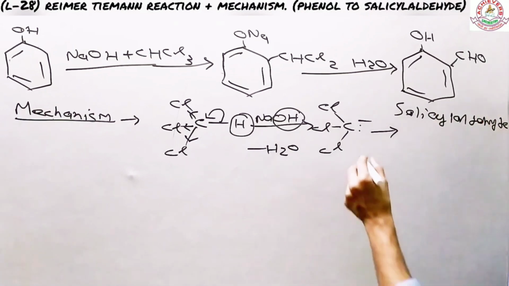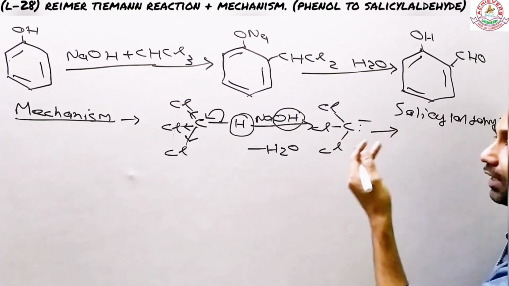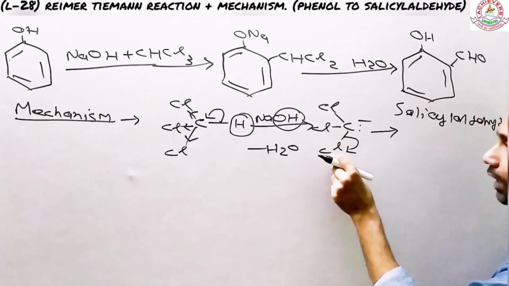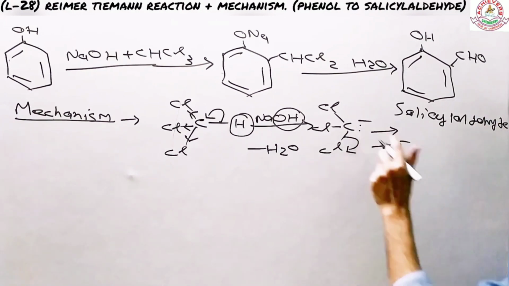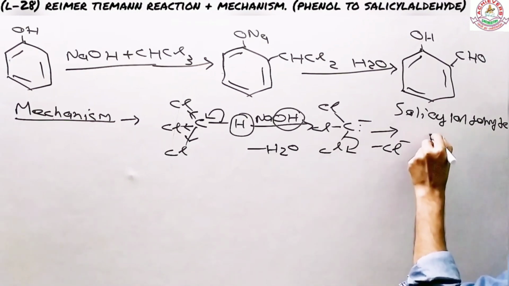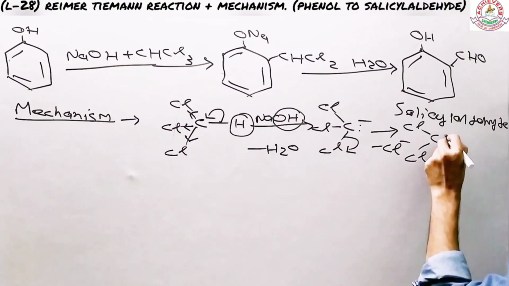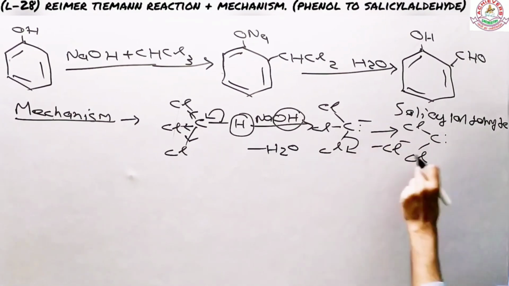So one by one the chlorines come out, and for that I have to do a cleavage something like this. So a chlorine will come out as a chloride ion, and this results in the formation of a wonderful chemical, CCl2. There is another Cl, and there is a lone pair here. Now the neutrality has been maintained. I hope you can see that.